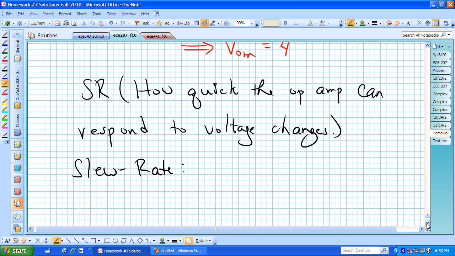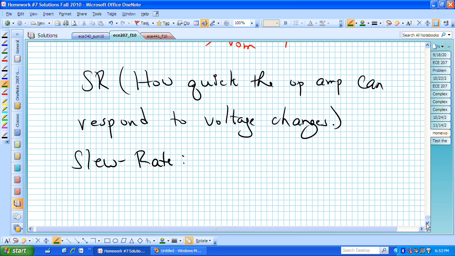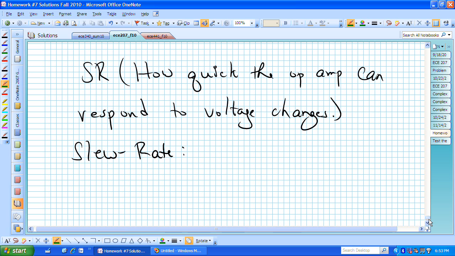We now have a slope where this could be our volts, and this is now time in some amount of seconds.